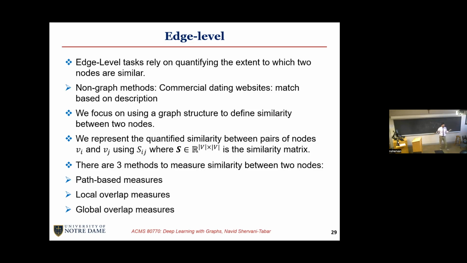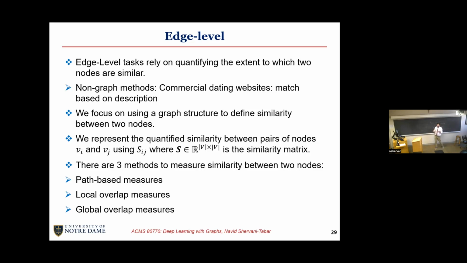So a prediction model will say that, for example, on Instagram, if you have many mutual friends with someone, sooner or later it will suggest, hey, do you know this guy, add him. So that's the idea of this type of methods. And we usually do that using a similarity matrix. The similarity matrix is a square matrix. Let's say that we have n nodes in our graph.